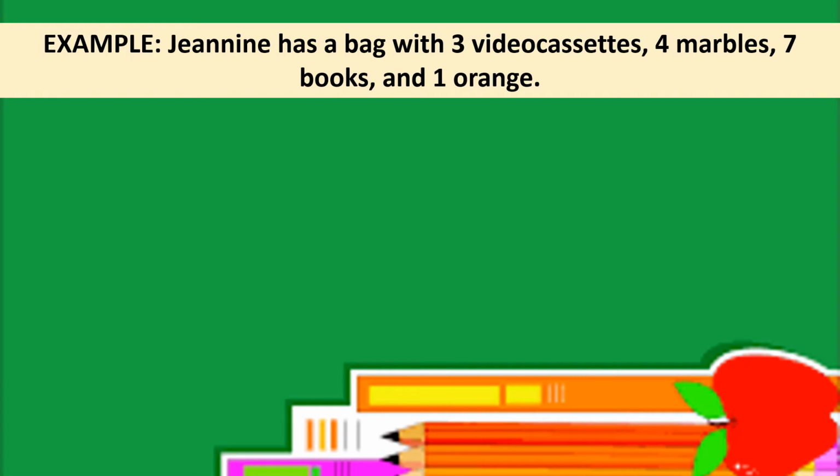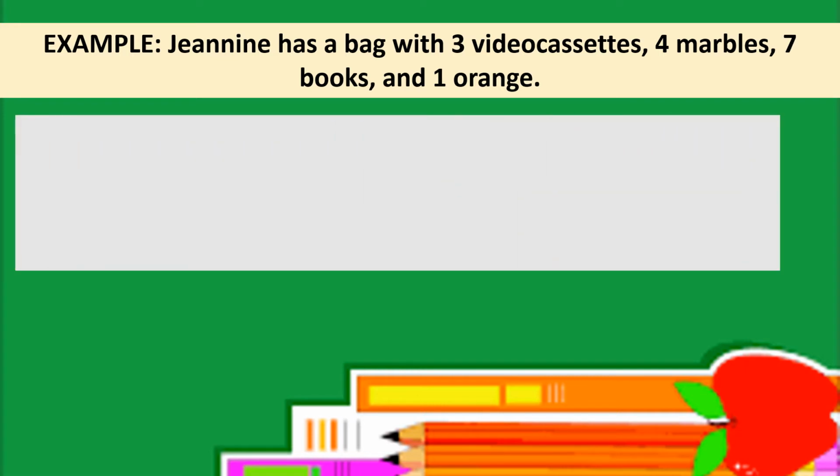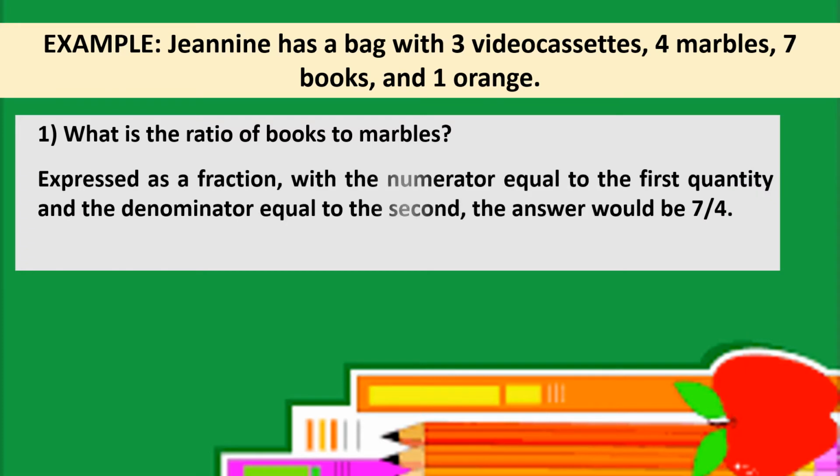For our next example, let us use this situation. Janine has a bag with 3 video cassettes, 4 marbles, 7 books, and 1 orange. For the first question, what is the ratio of books to marbles? So let us identify how many books are there and how many marbles are there.